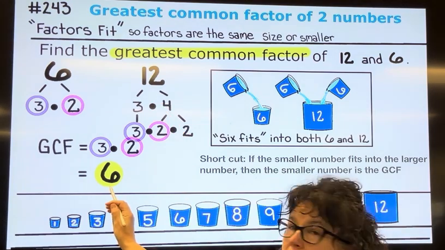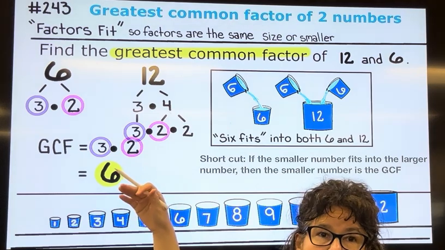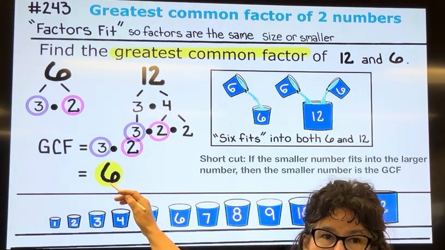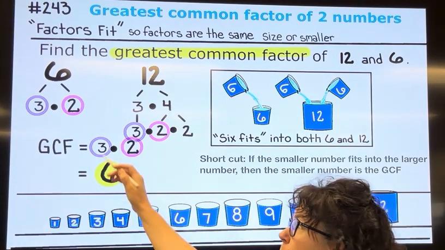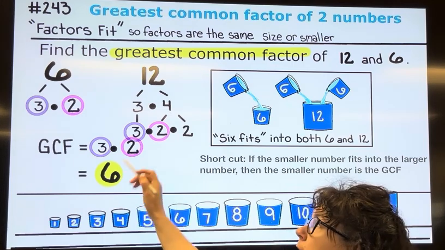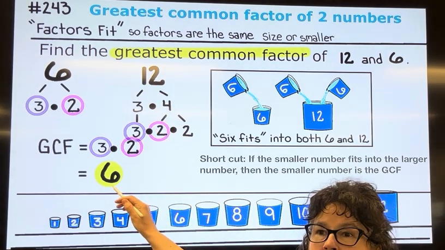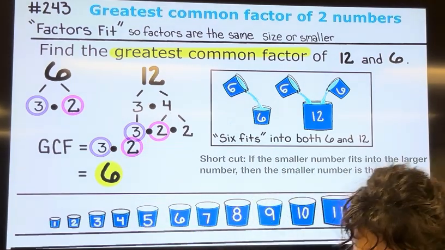So I automatically know the answer is 6, because your greatest common factor is the same size or smaller than your smallest number. So before I do all of this work, I say, oh, does the small one fit into the big one? And if it does, that's my answer. But otherwise, I've got to do my factor trees.